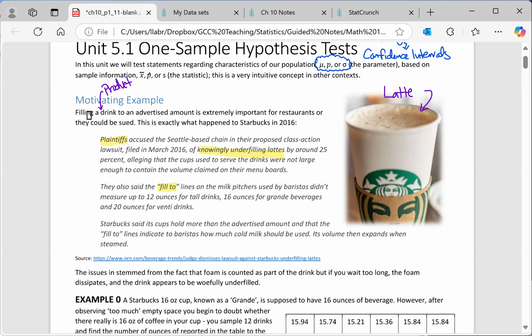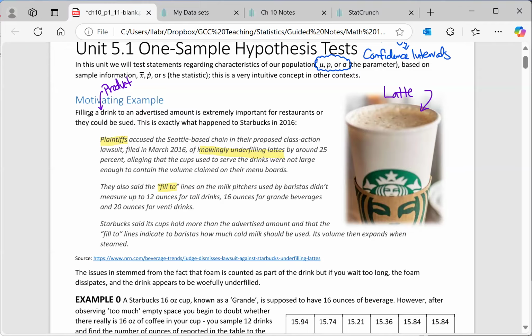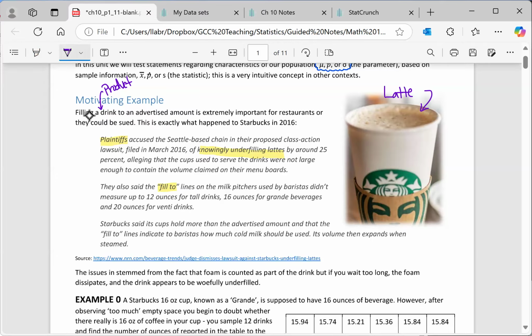If you've ever gone to Starbucks, you know that those are their sizes: small, medium, large, and they just came up with creative ways. What we're going to focus on is the 16-ounce drink for this example. But I just want you to know that all is well.